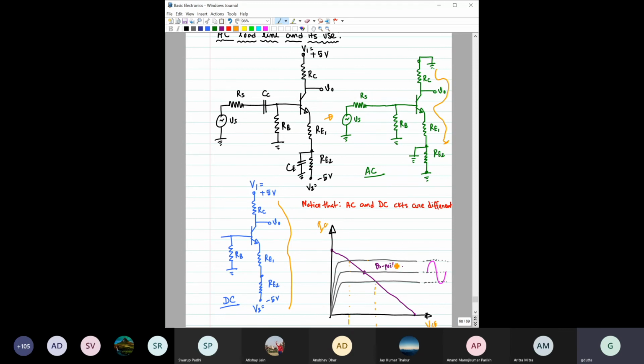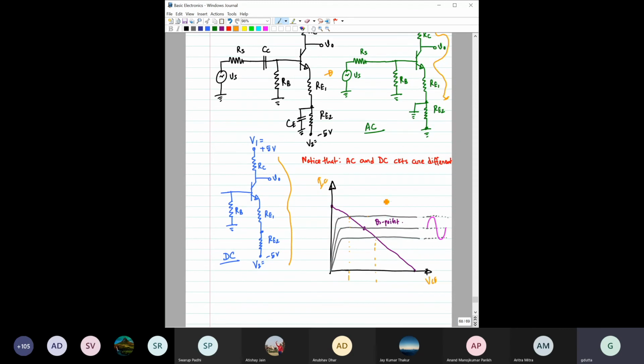So this is the DC load line. If you now use this DC load line to predict the change in VCE due to the applied small signal, that would not be the correct way to find it.